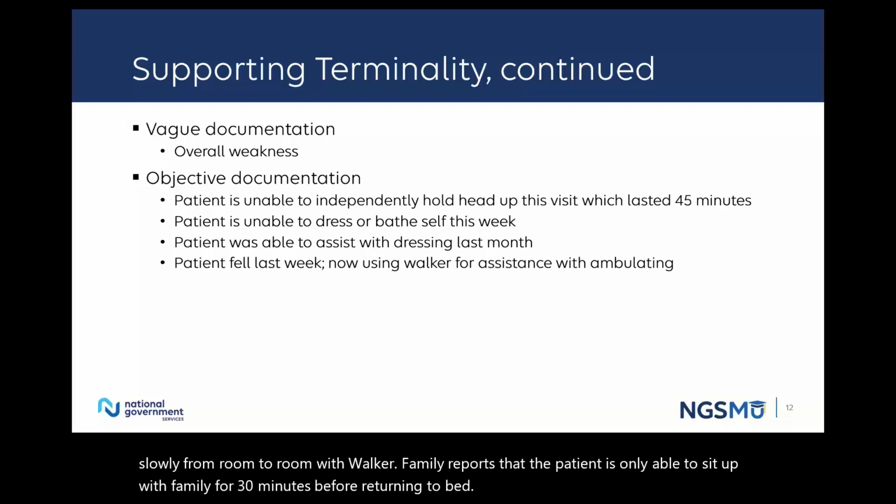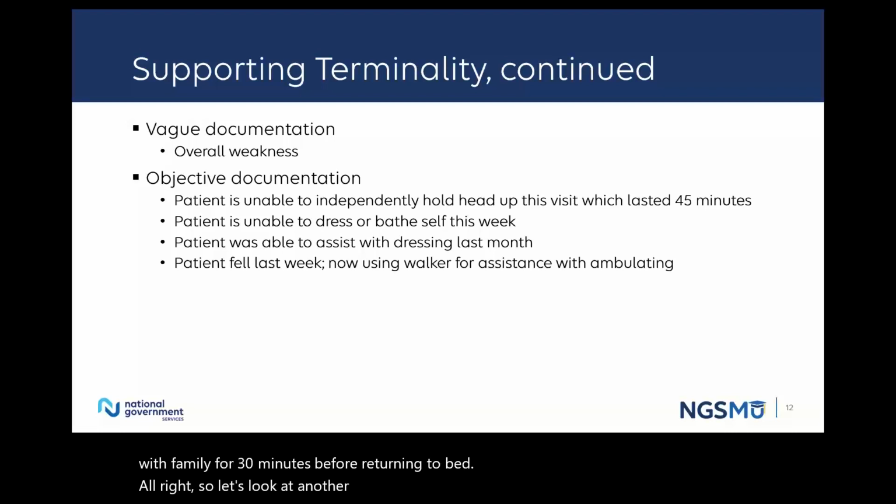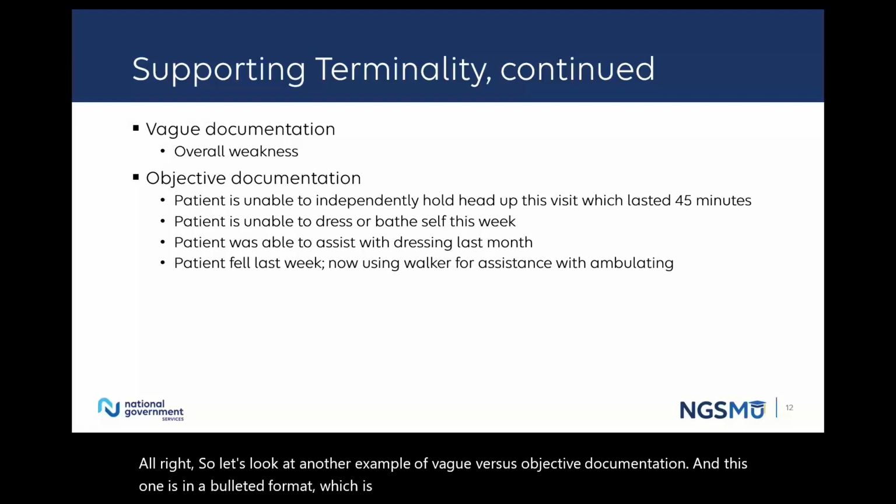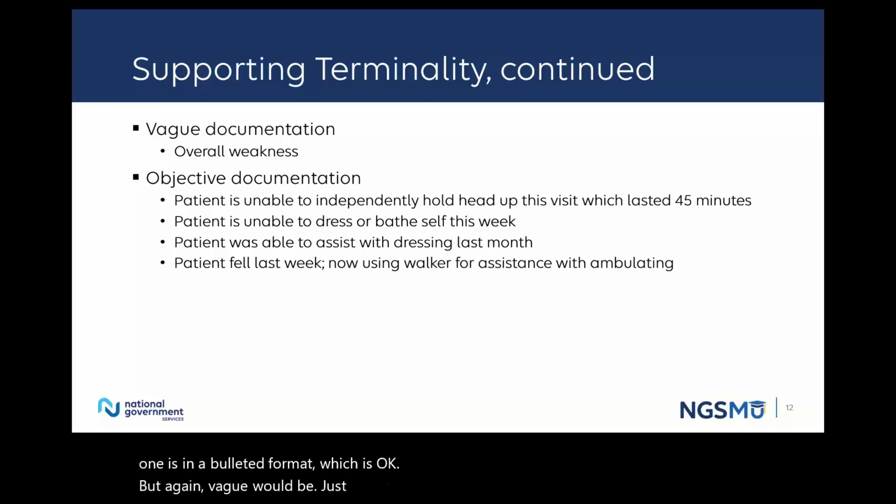All right, so let's look at another example of vague versus objective documentation. And this one is in a bulleted format, which is okay. But again, vague would be just simply stating "overall weakness." And just as a reminder, this is based on the scenario that I read.